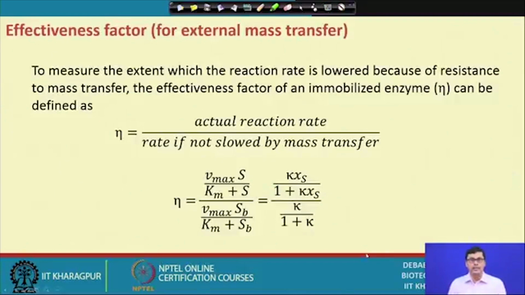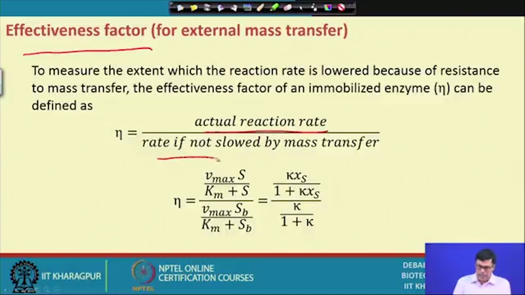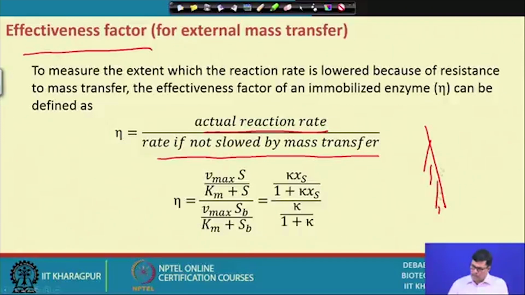Then there is another important term that is associated with the immobilized enzyme system or heterogeneous reaction kinetics, that is the effectiveness factor. What is the effectiveness factor? Effectiveness factor is the actual reaction rate divided by the rate if not slowed by mass transfer. What does it mean? Suppose this is a solid matrix and your enzymes are immobilized here.